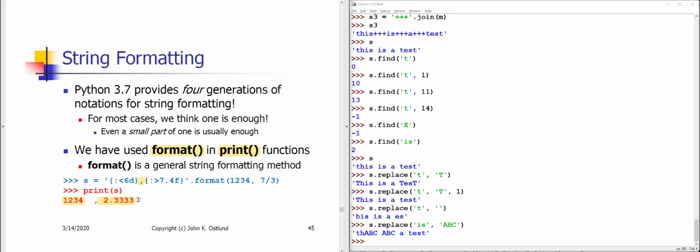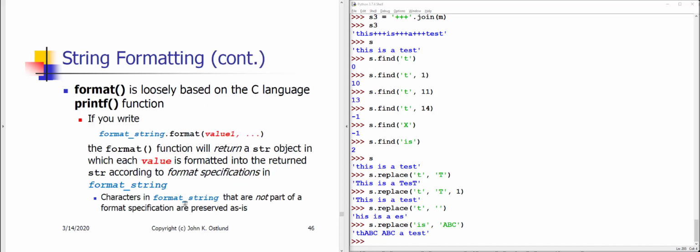All right, so that's a specific example, and now we're going to sort of build up the pieces of that. Basically, the C language provides a function called printf that has a very similar kind of formatting language as the format function in Python.